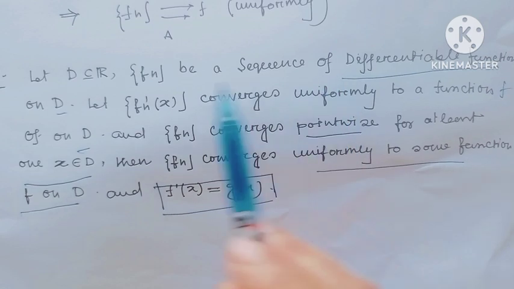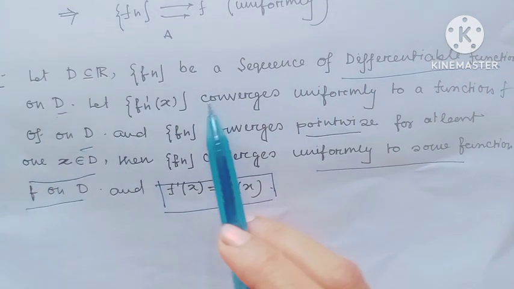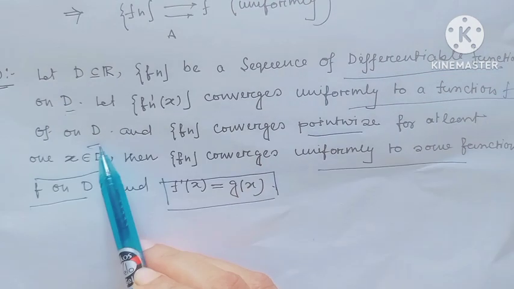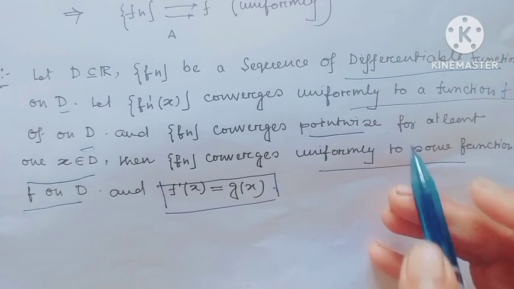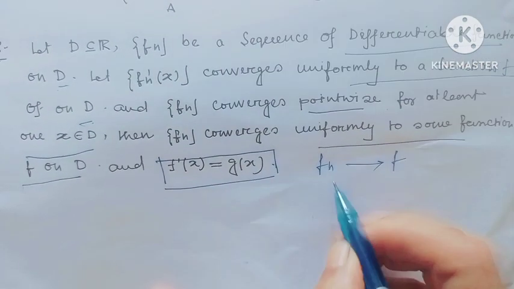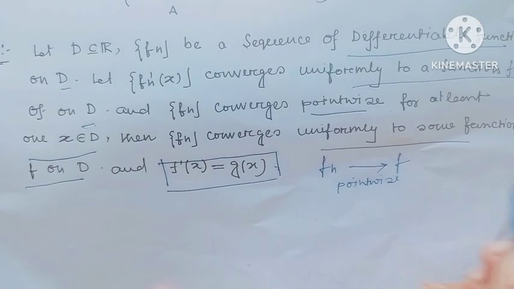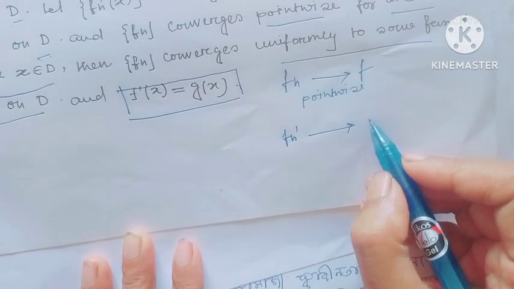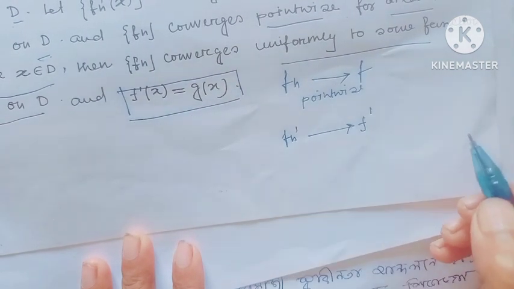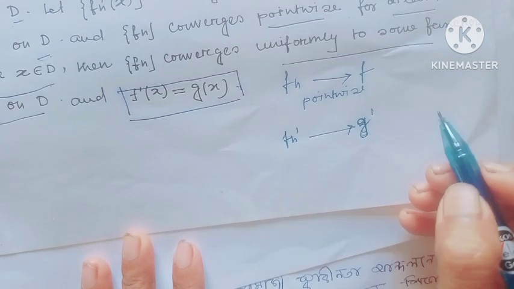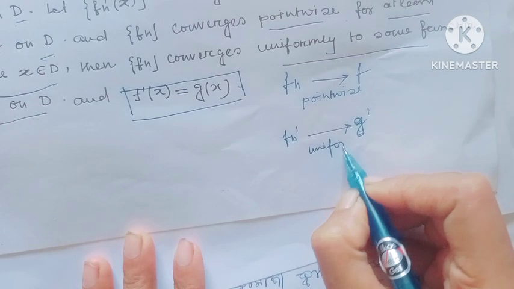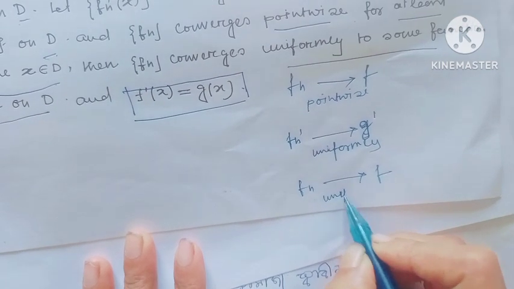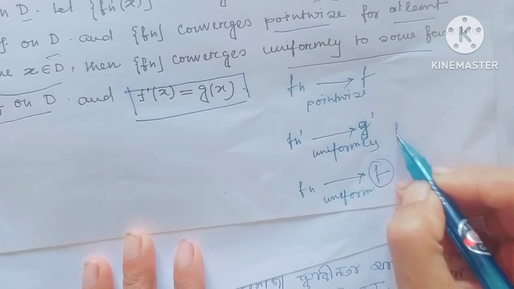That means if Fn is a sequence of differentiable functions on the set D, and if Fn dash converges uniformly to a function g on the set D, and Fn converges to f pointwise for at least one x belongs to D, then we can tell Fn converges to f uniformly and f dash equal to g.